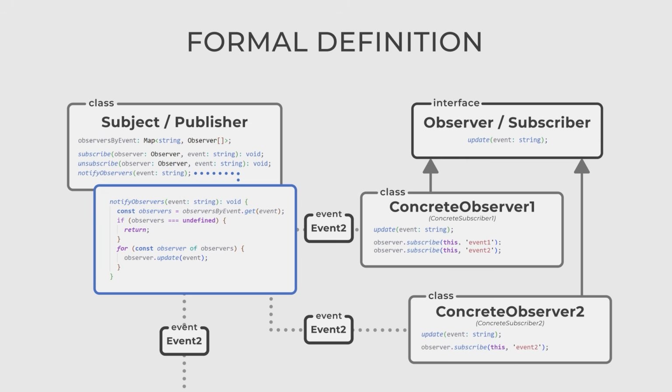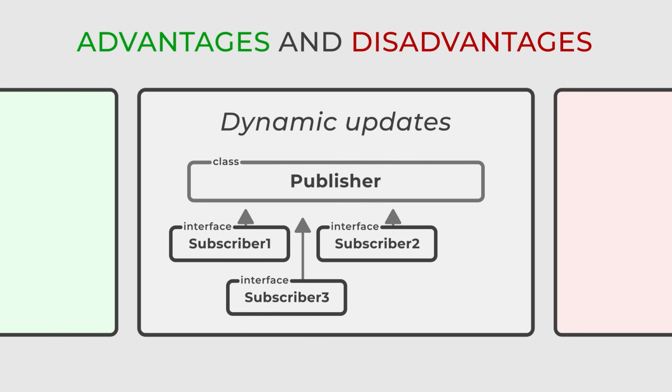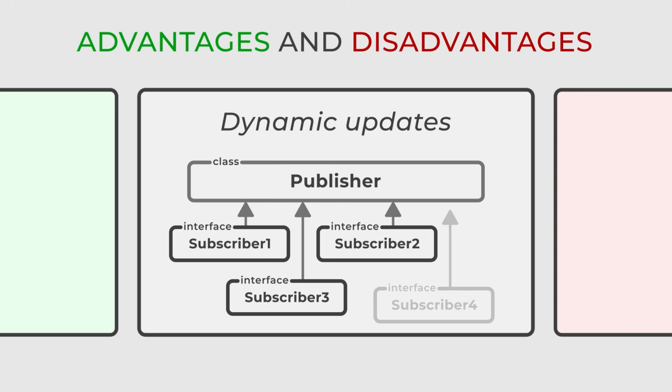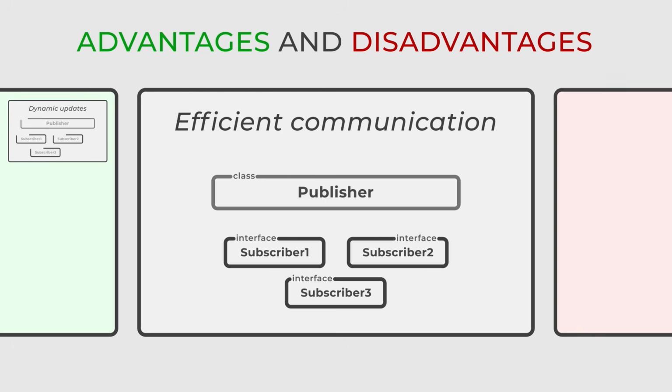And lastly, concrete observers are classes that implement the observer interface and receive updates from the subject when its state changes. Starting with the benefits, one of the main advantages of the observer pattern is its support for dynamic updates. At runtime, objects can be dynamically added or removed from the list of observers, providing great flexibility in managing dependencies between objects. In addition to this, the pattern ensures efficient communication between objects.